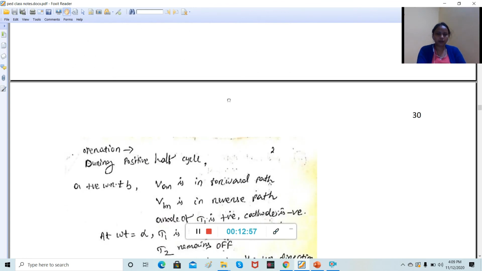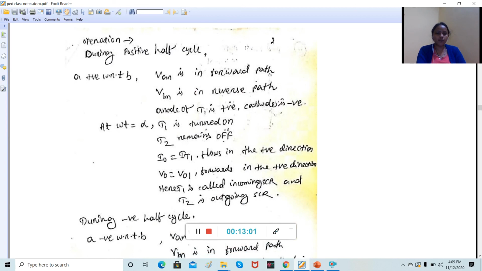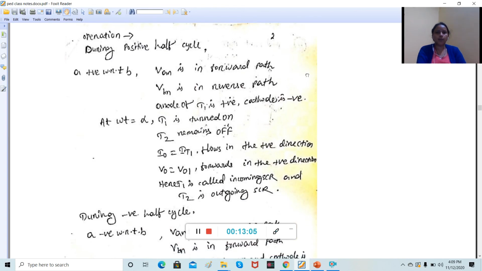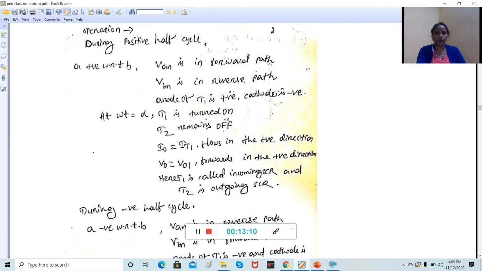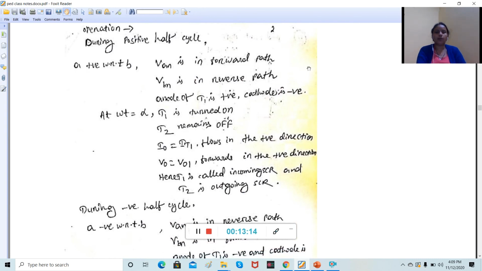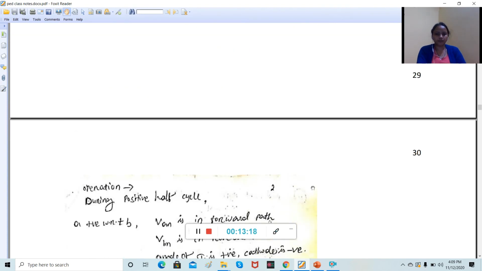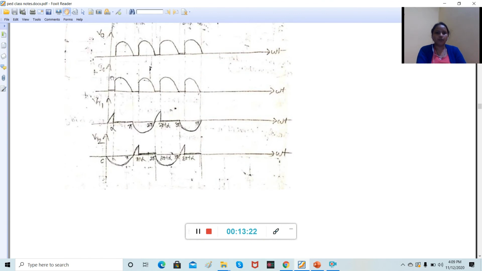So these are all the description of the operating principle for this midpoint type fully controlled, or full wave midpoint type R load rectifier, also called a converter, which converts AC to DC. See, this is the output voltage waveform.